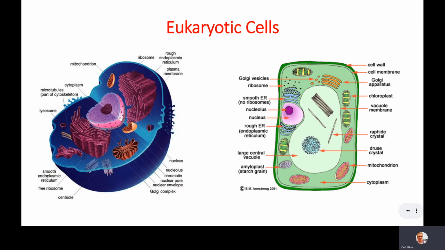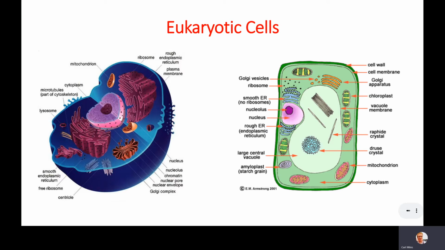Sometimes students mistakenly look at the diagram on the right-hand side, see that it's got a mitochondria, and suggest automatically that it must be an animal cell because only animal cells have mitochondria. Well, that's not correct. Both animal cells and plant cells have mitochondria, so we need to look in a little bit more depth than that.